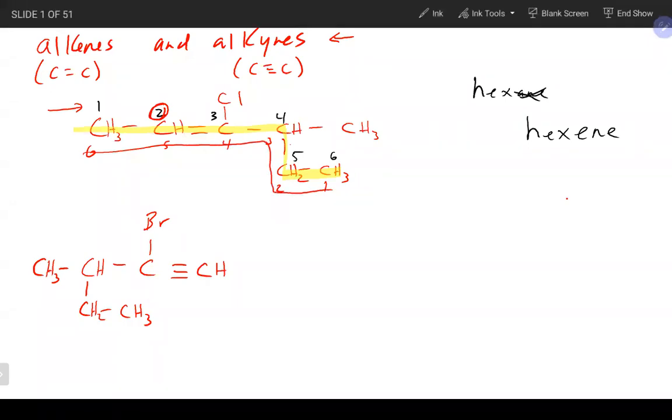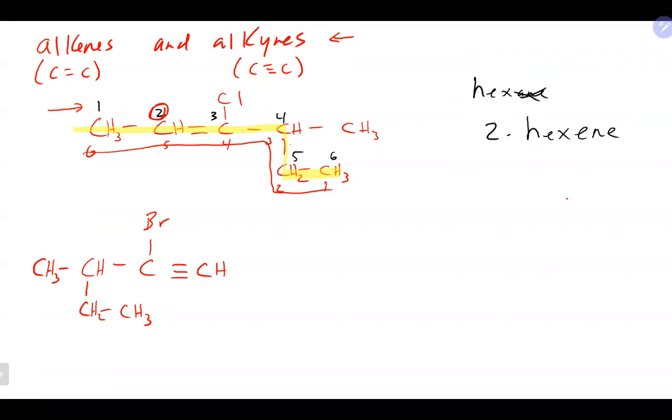So that would mean this would be 2-hexene. At this point, we do have a chlorine and a methyl group. Because of the way we lock the numbering in, that is the way we have to number the rest of the groups.